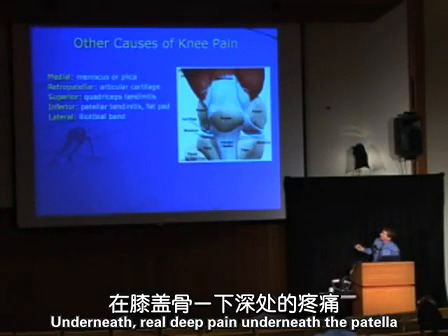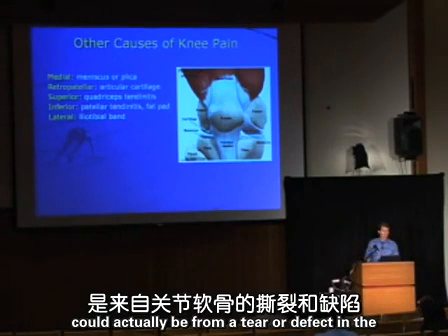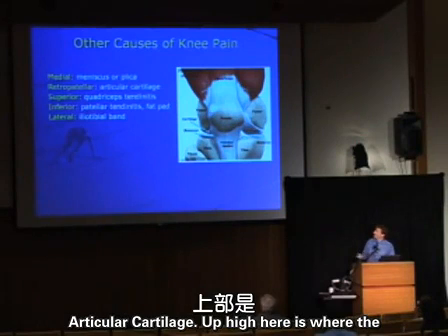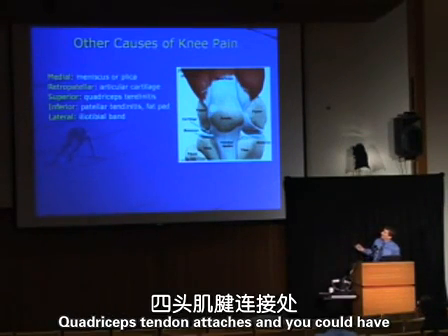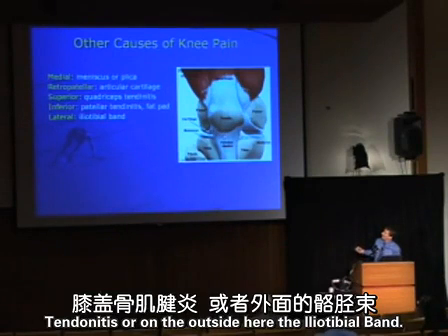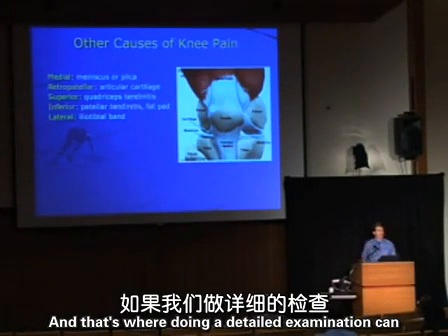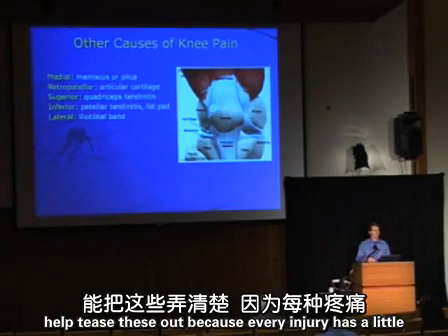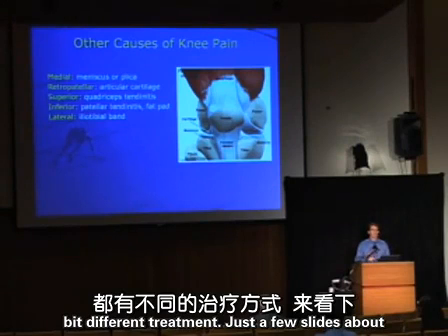A real deep pain underneath the patella could actually be from a tear or a defect in the articular cartilage. Up high here is where the quadriceps tendon attaches, and you could have a quadriceps tendonitis. Down below, a patellar tendonitis. Or on the outside here, iliotibial band. And that's where doing a detailed examination can help tease these out, because every injury has a little bit different treatment.